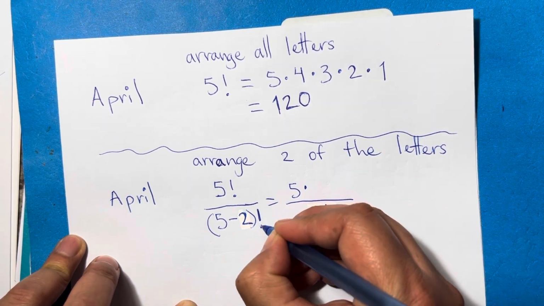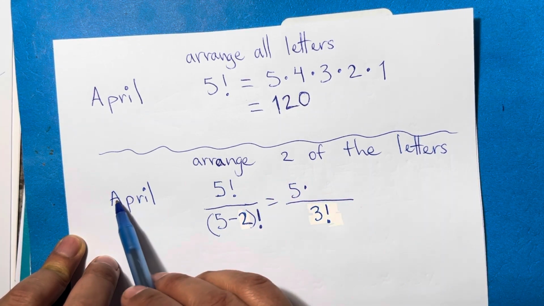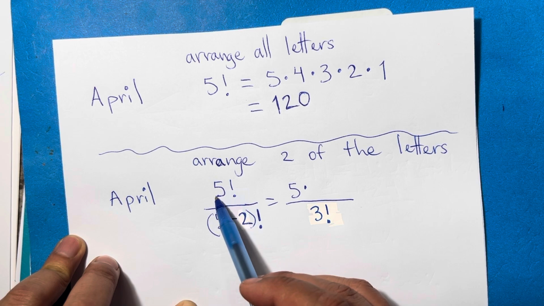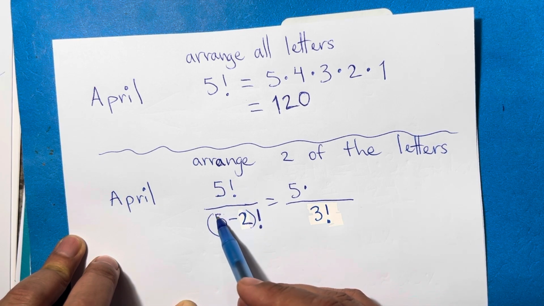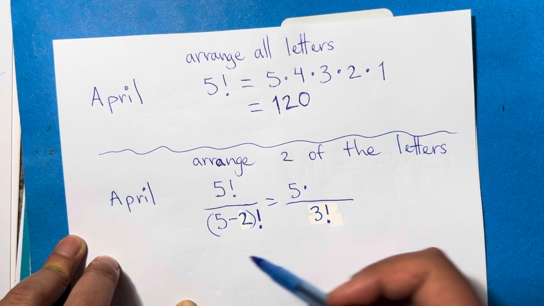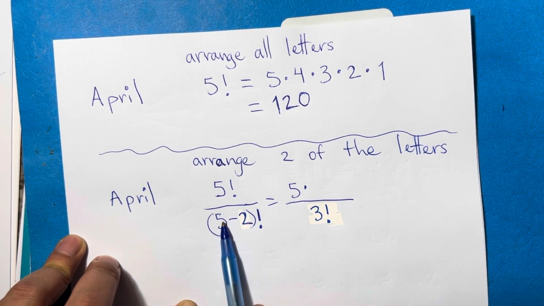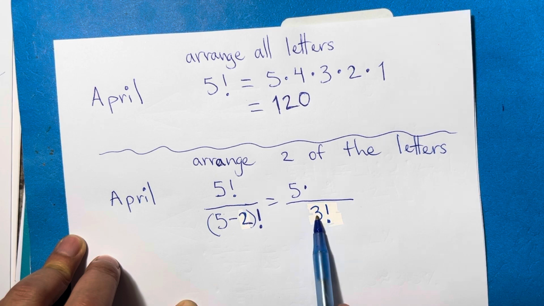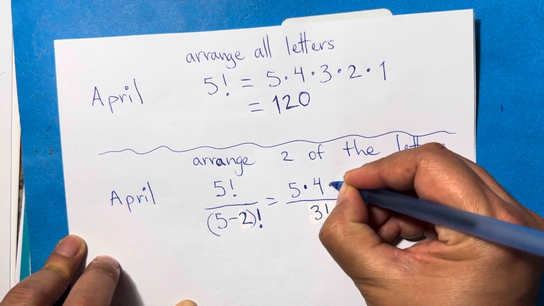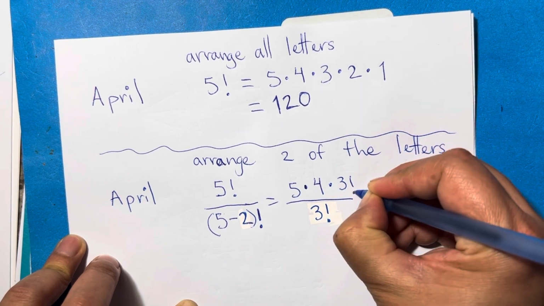Okay, so again, what you do is count the number of items and put that in here. So in here is 5 factorial, and then put 5 minus the number and put factorial outside of the parentheses. Subtract that. 5 minus 2 is 3, and then in here now we can say 5 times 4 times 3 factorial.